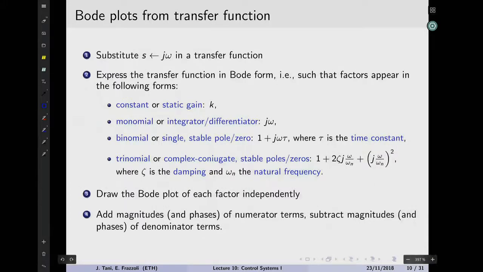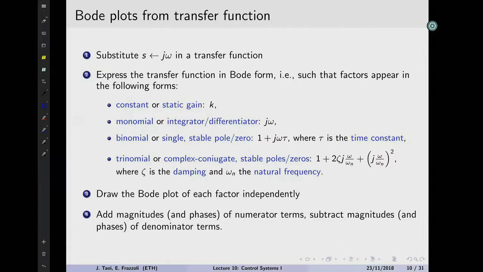The other direction instead, which is the one that we're going to be investigating more thoroughly, is not from data to transfer function, but from frequency response to Bode plots, okay? So basically, we suppose that somebody is giving us a model of the system, represented in the form of a transfer function, for example, and then we extract the frequency response by substituting in place of s in the transfer function the value j omega.